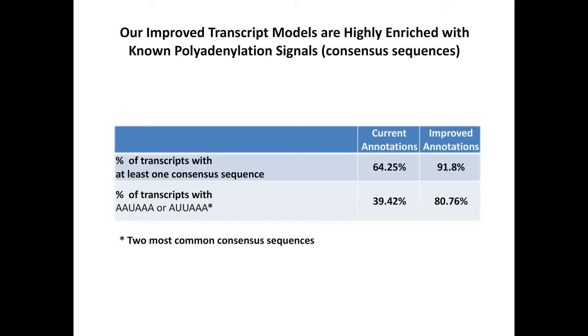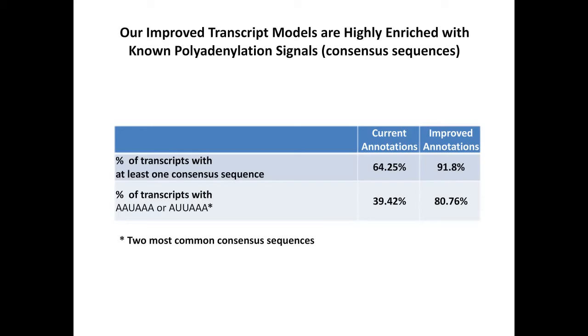And overall, if we put all together, here we have the percentage of transcripts with at least 1 consensus sequence. In the current gene model annotation, there's only 64.25% of transcripts with a polyadenylation signal. But when we use our improved annotation, we found that 91.8% of the transcripts had at least 1 consensus sequence.